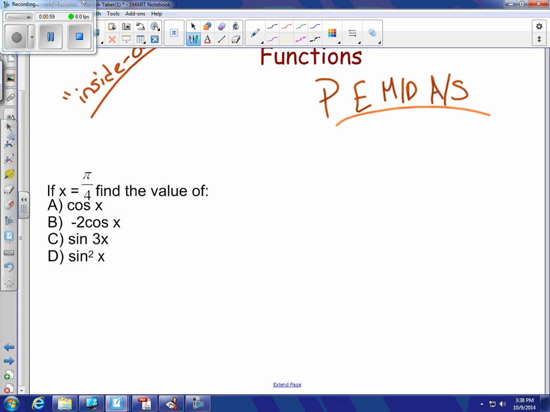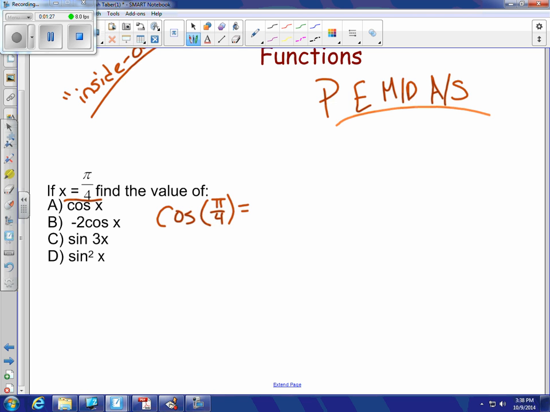So cosine of pi over 4, right? X equals pi over 4. Well, what does that equal? First, you should draw your table.